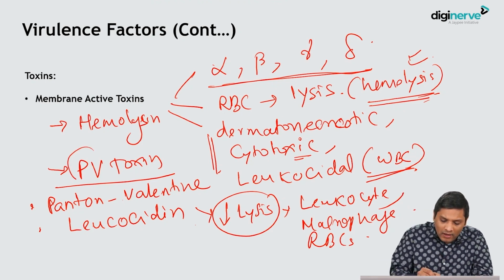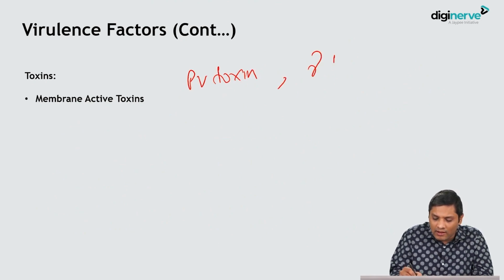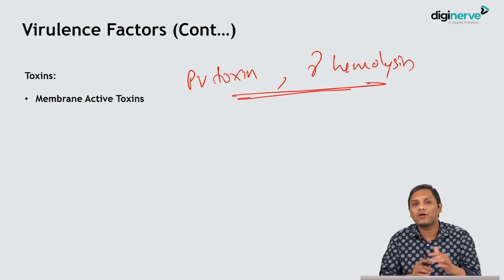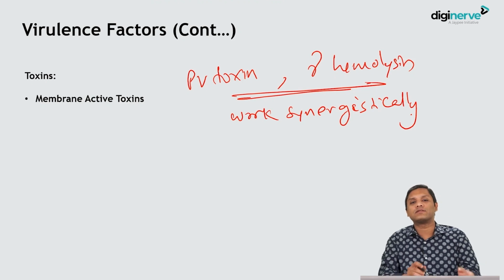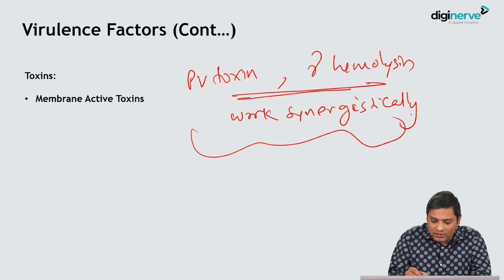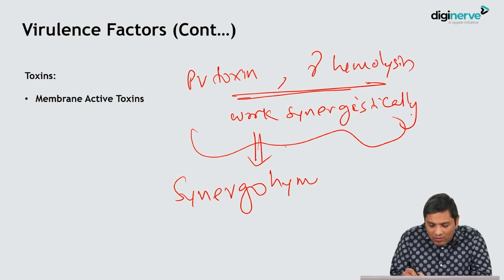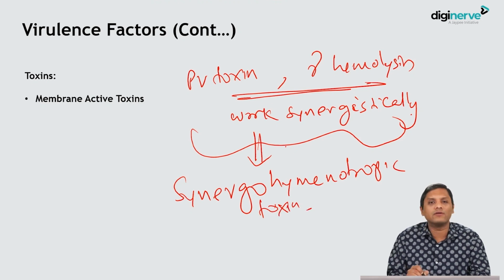The PV toxin is often similar to gamma hemolysin. The functions of both overlap and they often work synergistically. Therefore these two toxins together are called synergohymenotropic toxin, which is again a very important MCQ for you.